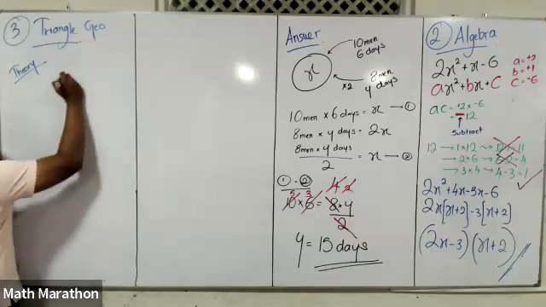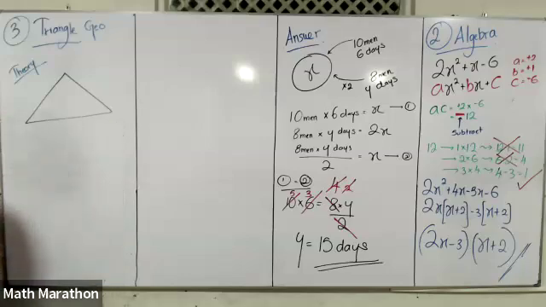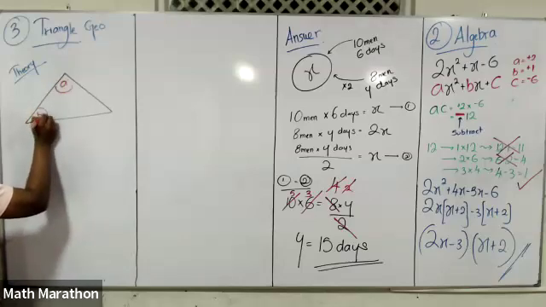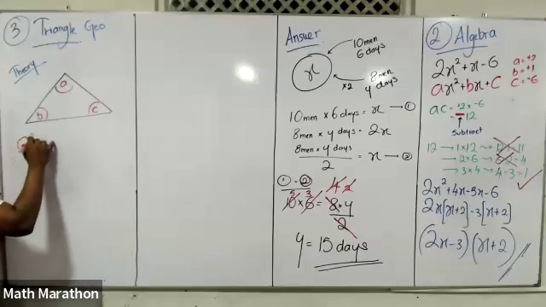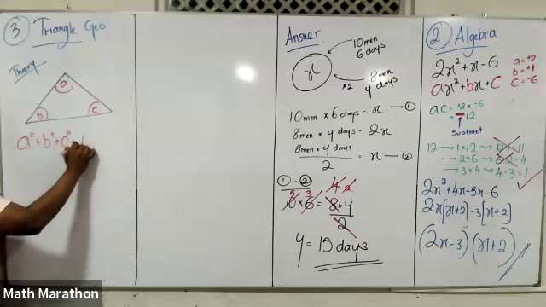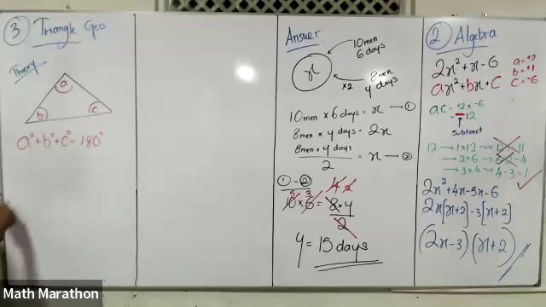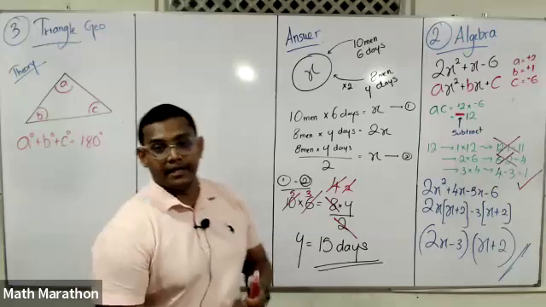You have a triangle. If you have 3 angles, A, B, and C, A plus B plus C is 180 degrees. The internal angle of a triangle is 180 degrees.